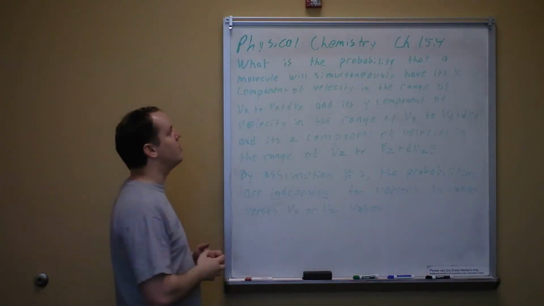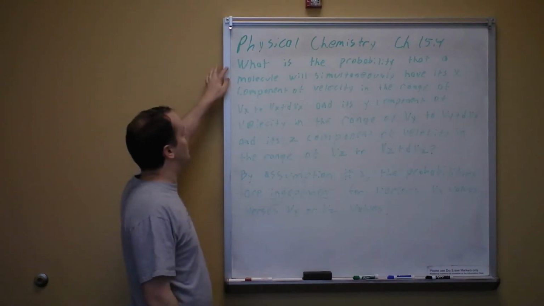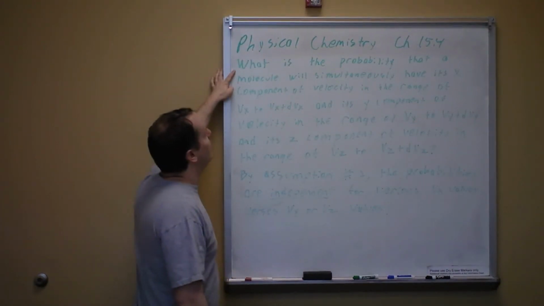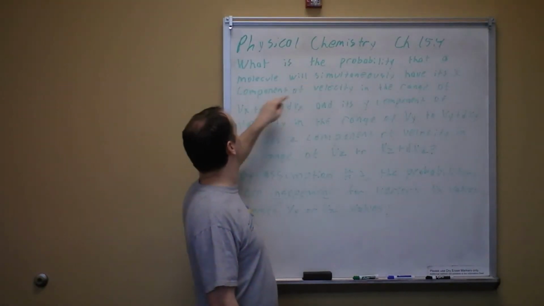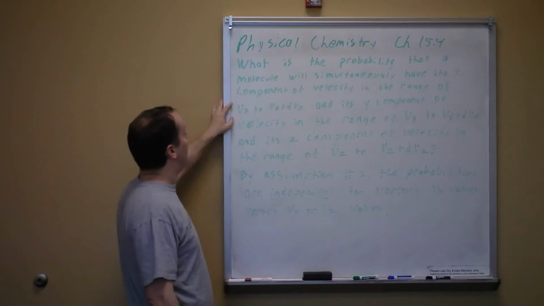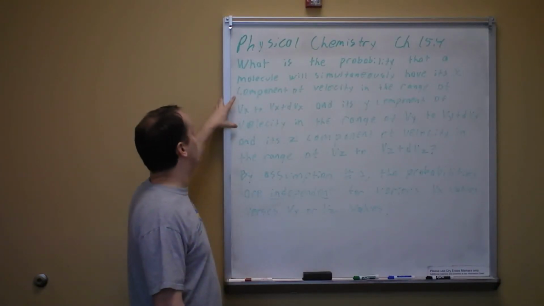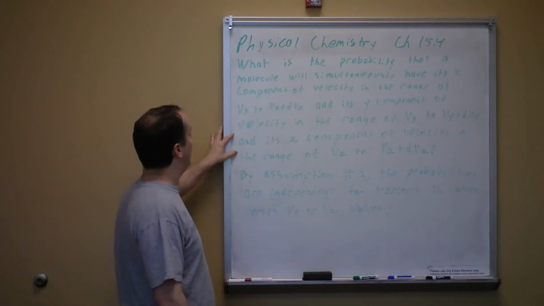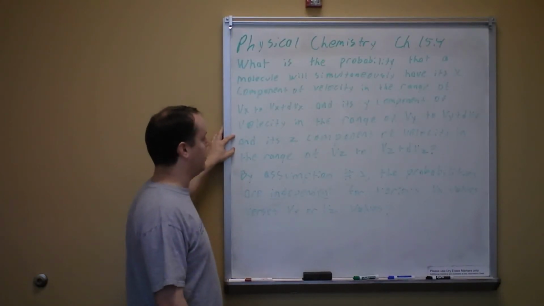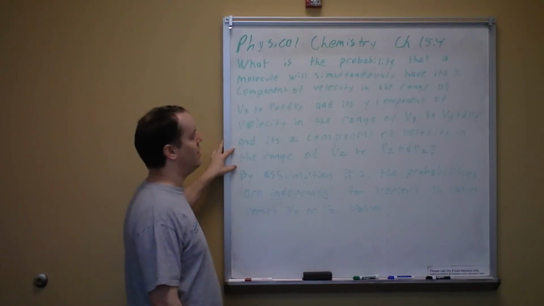Okay, continuing on, chapter 15, section 4, we're trying to derive the distribution function for speed in molecules. So what is the probability that a molecule is going to simultaneously have its x component of velocity in the range of vx to vx plus dvx, and its y component of velocity in the range of vy to vy plus dvy, and its z component of velocity in the range of vz to vz plus dvz?